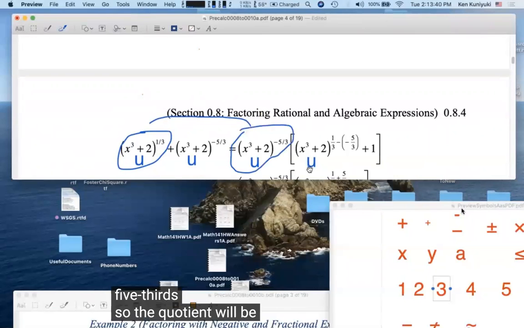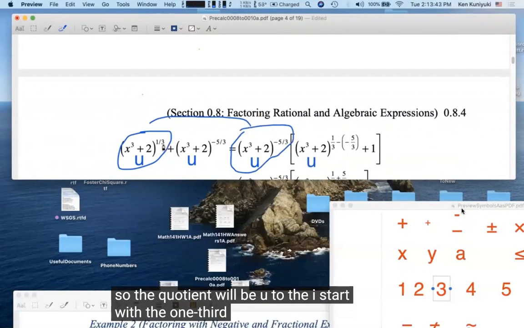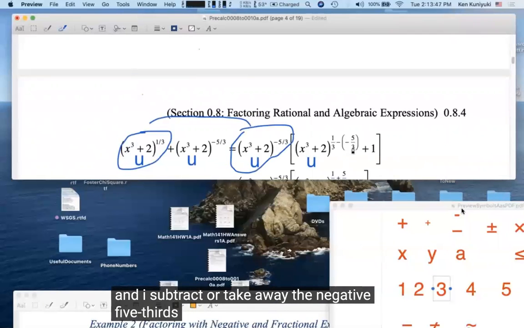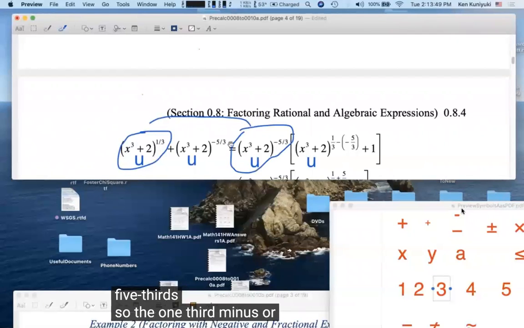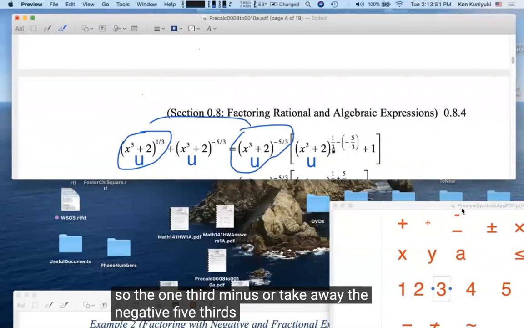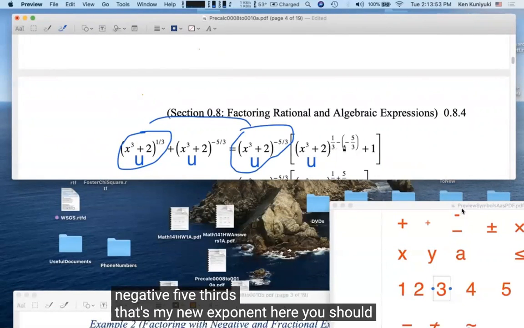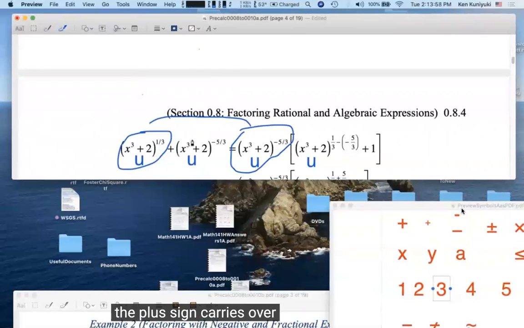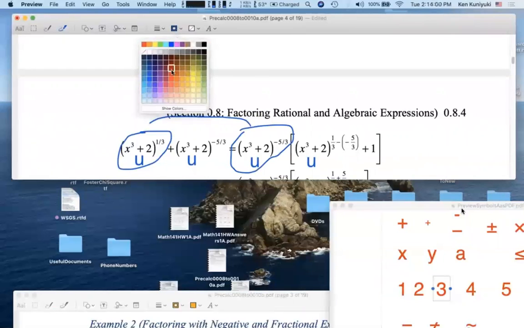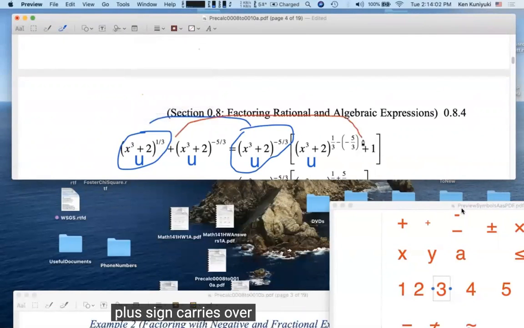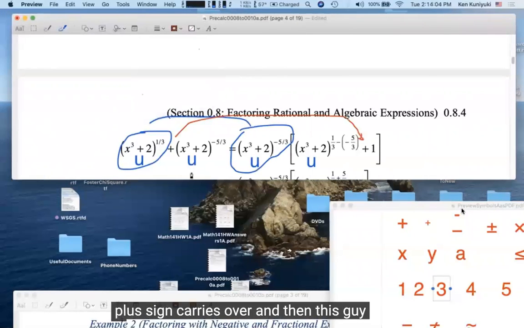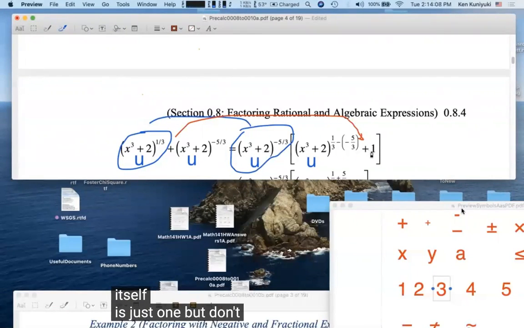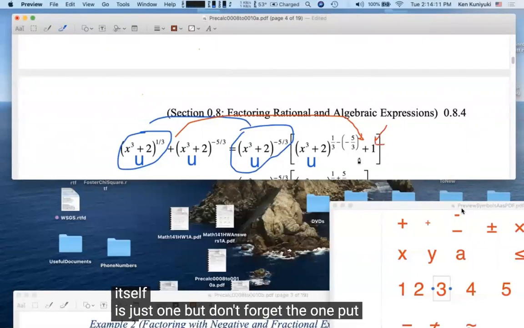So the quotient will be u to the, I start with the 1/3 exponent, and I subtract or take away the negative 5/3. That's my new exponent here. You should write it out. The plus sign carries over. And then u to the negative 5/3, divided by itself is just 1. But don't forget the 1. Put the plus 1 there.